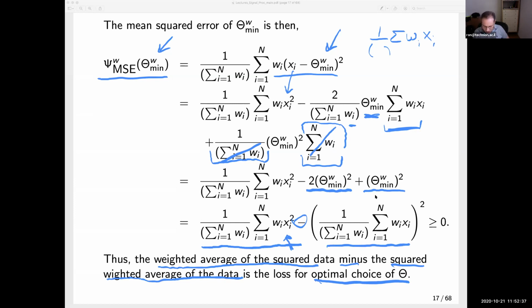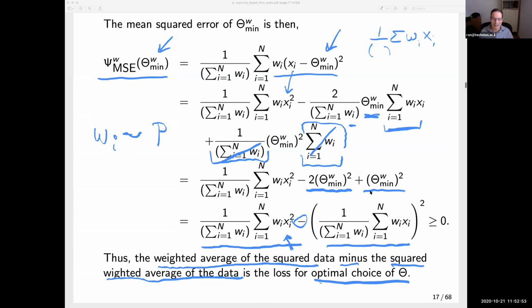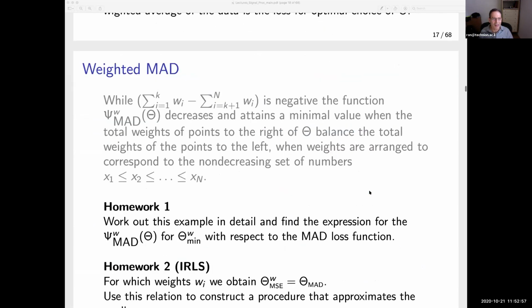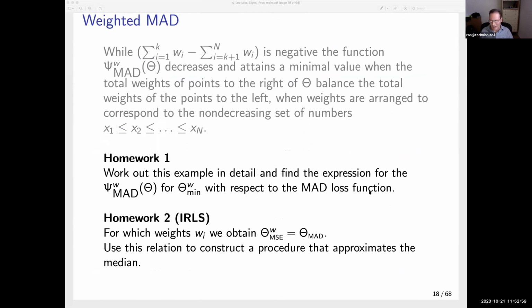Instead of a fixed wi, what we need to somehow invent is a process that replaces w by relating w to some probability. Before we do that, let me first comment about the MAD, and tell you that you can work out this example in detail for the MAD.